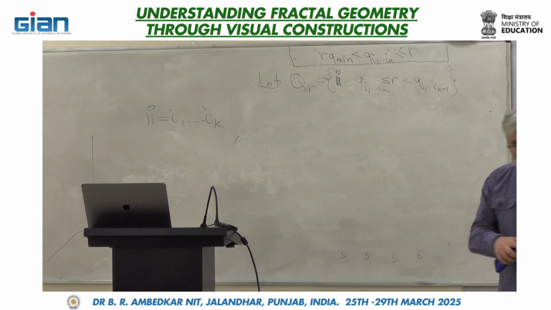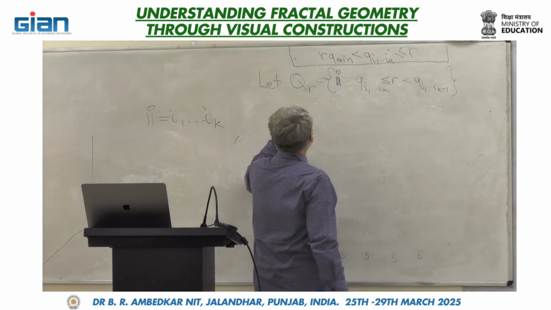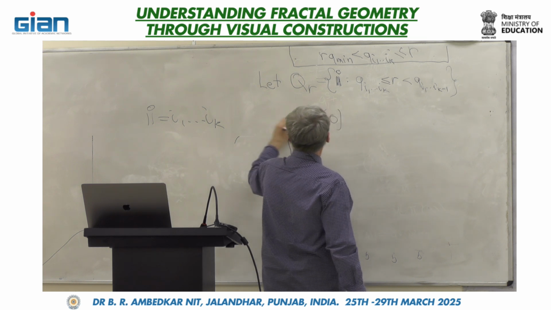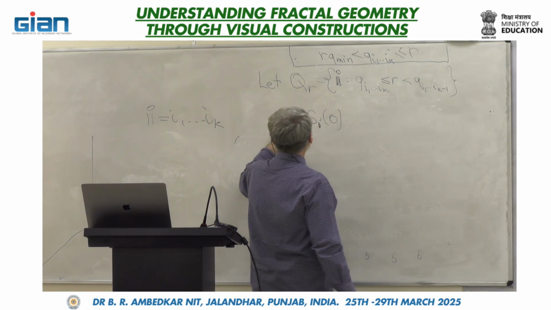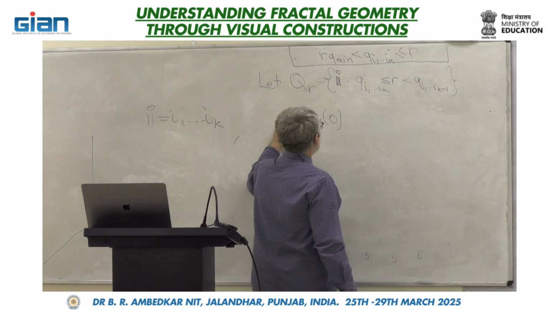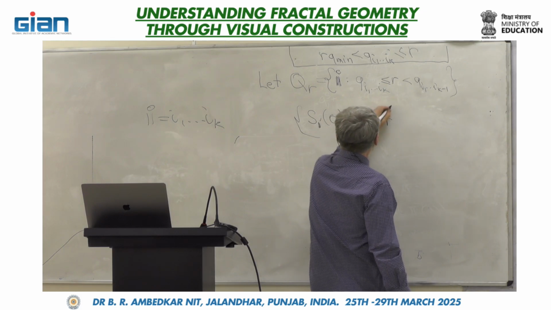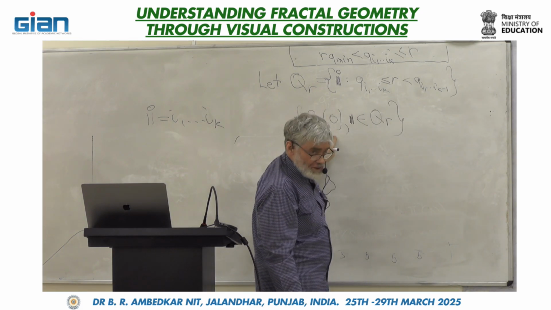This family QR, we already discussed this family, yes? Because all the elements of QR are incomparable. And if we take all Si of O such that I belongs to QR, then these sets will not intersect each other.